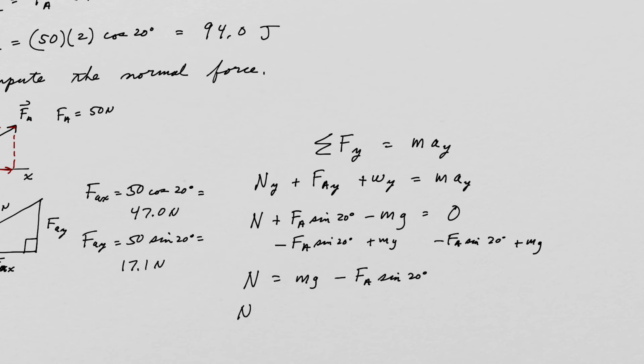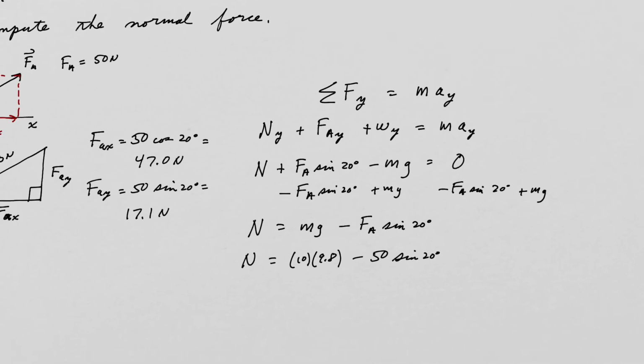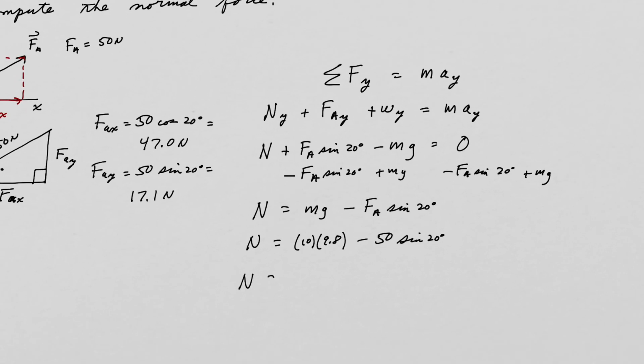So if we plug in here, this is 10 times 9.8 minus, and we already calculated this, it's 50 times sine of 20, which was about 17.1. So the normal force is going to be 98 minus 17.1, which is equal to 80.9 newtons.